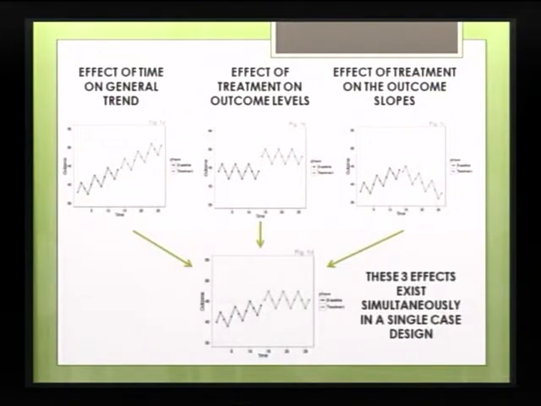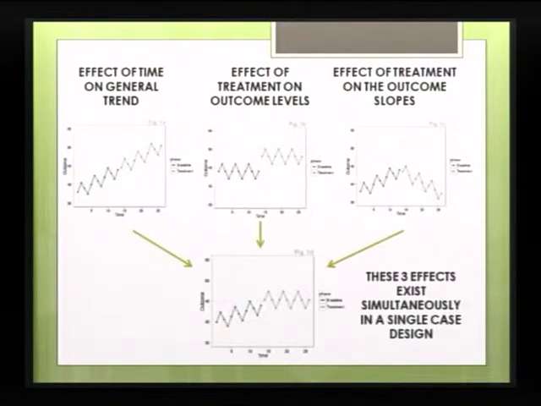Then we have to consider that in a single case design there's also an effect of the treatment on the outcome levels, because obviously if our treatment is working, we can observe some behavioral change. And finally, we also have an effect of the treatment on the outcome slopes. As I told you before, these three effects exist simultaneously in a single case design.